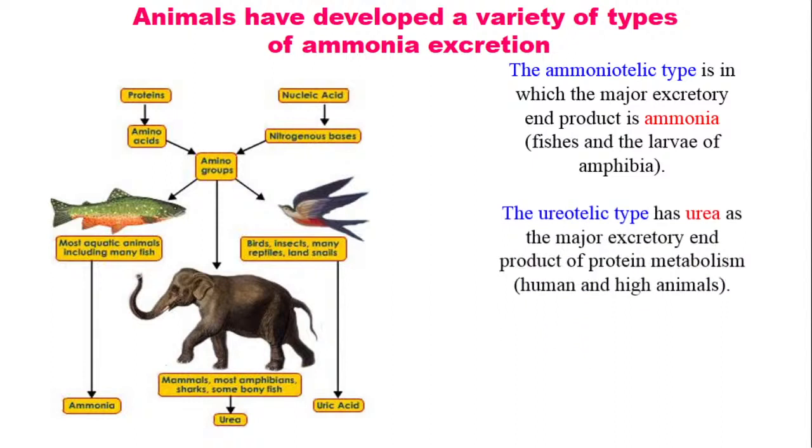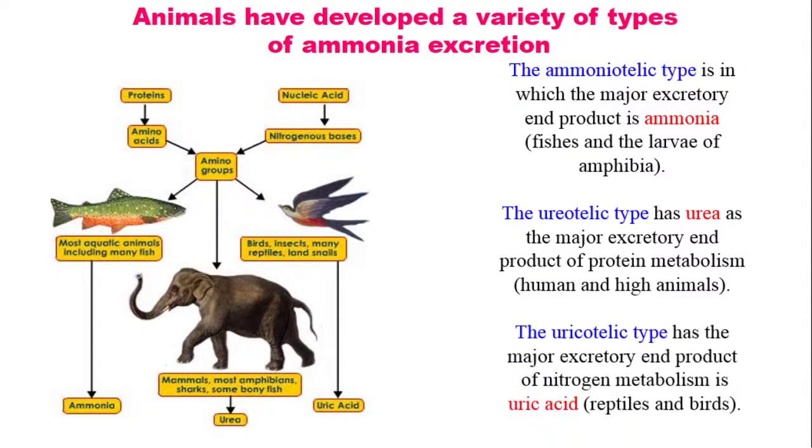Ureotelic animals excrete urea. These are humans and higher animals. We name them the ureotelic type of animals. And there is a group of uricotelic animals, for which the excretory product is uric acid. These are reptiles and birds. You know that birds evolved from reptiles.